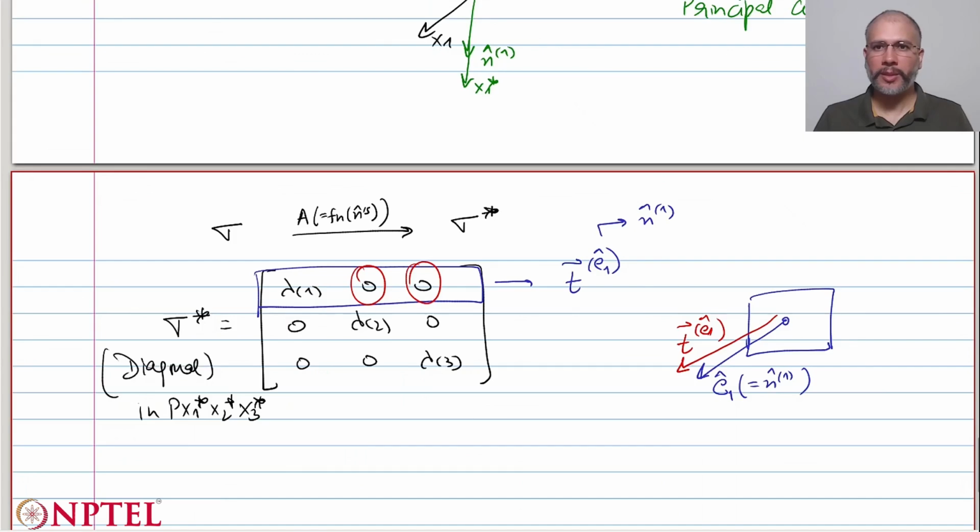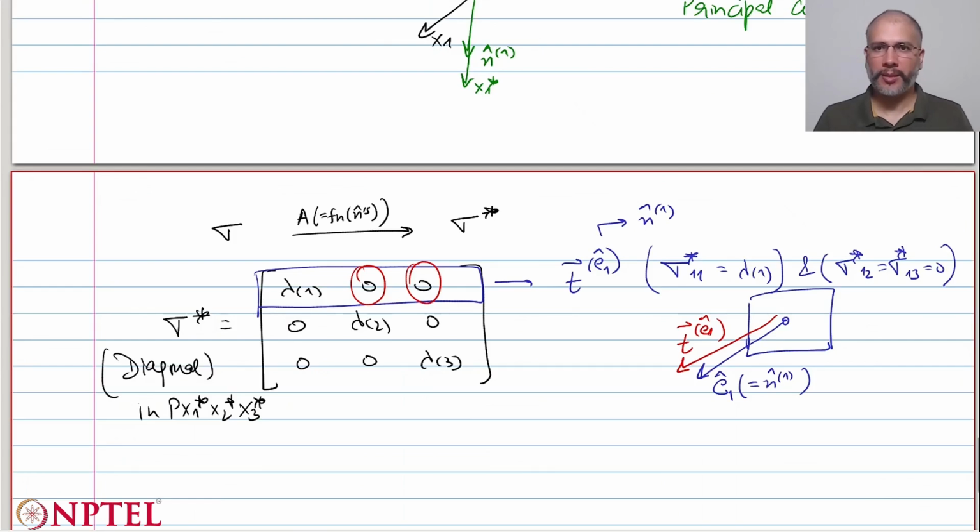And what do these components represent? Let's look at that. In this case, we have only sigma star 1 1 as a non-zero value, and sigma star 1 2 and sigma star 1 3 as zeros.